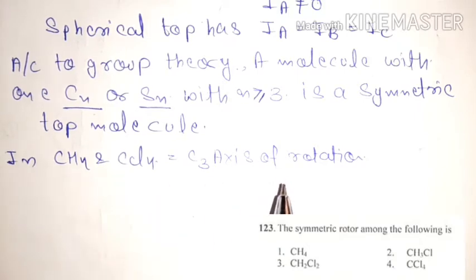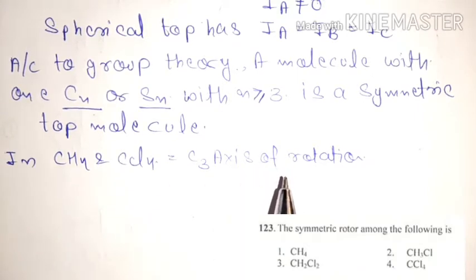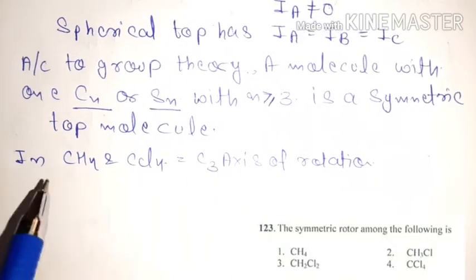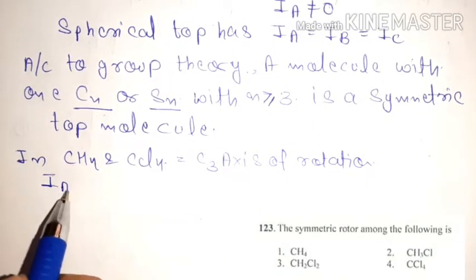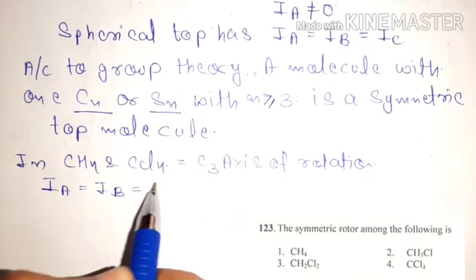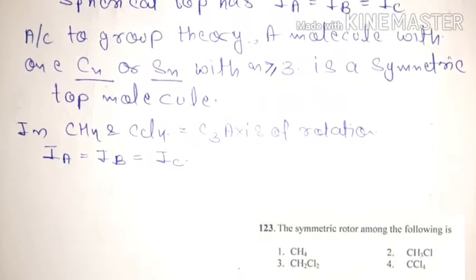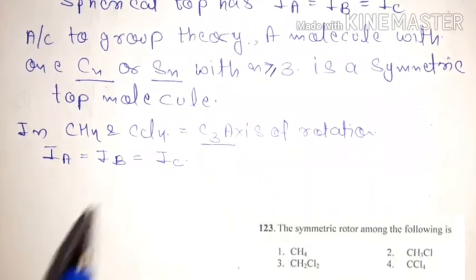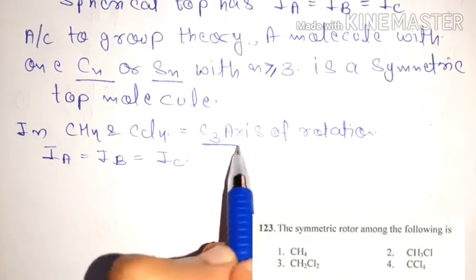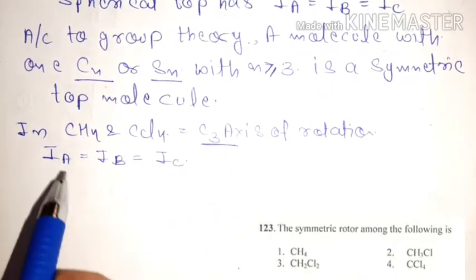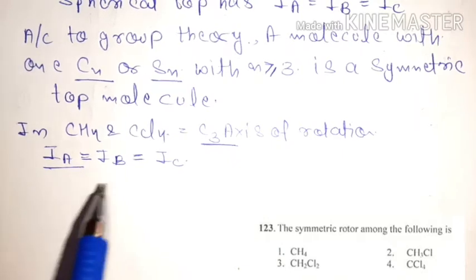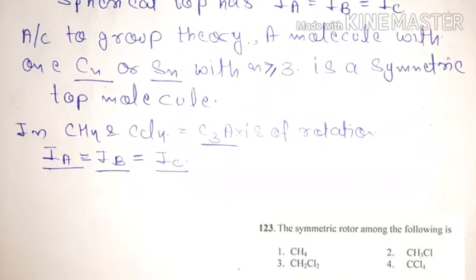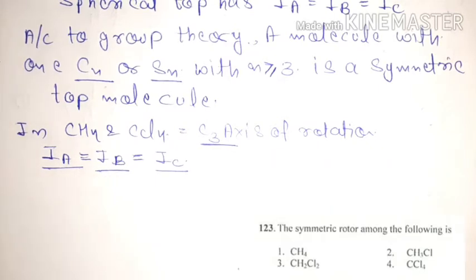But when you solve on the basis of moment of inertia, in both these molecules IA is equal to IB is equal to IC, which is the relationship for a spherical top molecule. So CH4 and CCl4 are spherical top molecules.